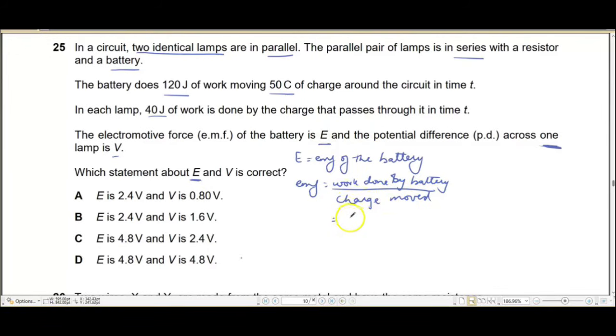So the work done is mentioned to be 120 joules, and then the charge is 50. So this is going to give us 2.4 volts.